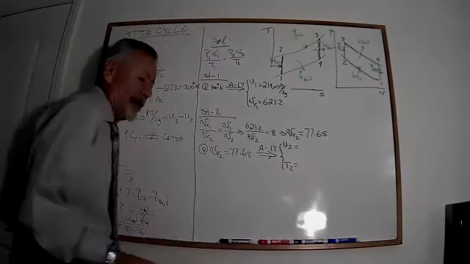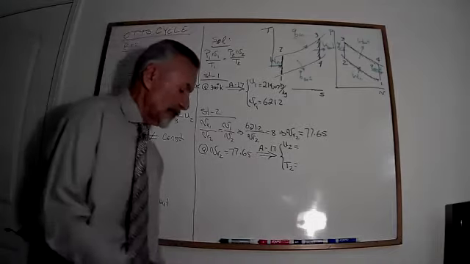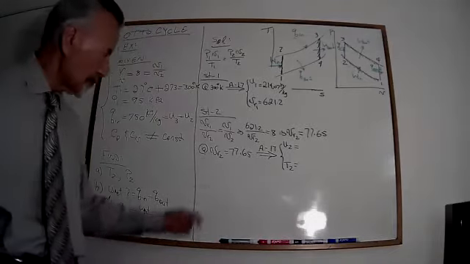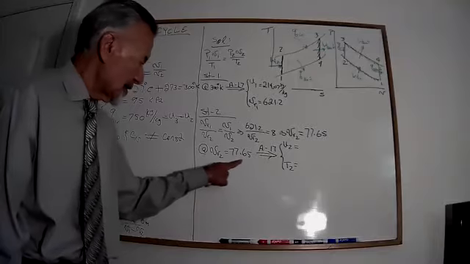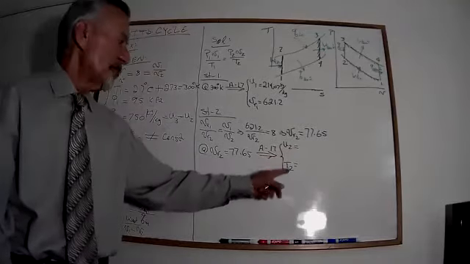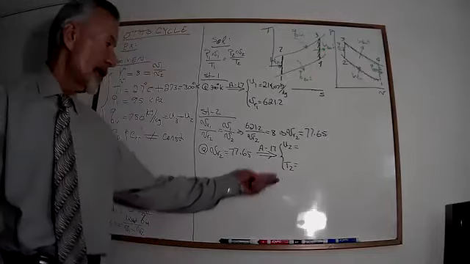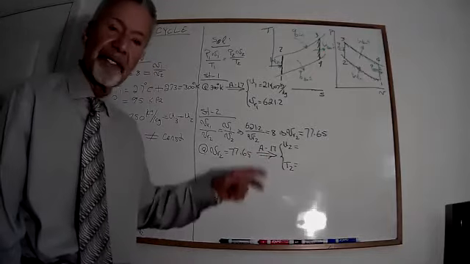Now this is a trick. At this point, when you look at your textbook, you don't find this value so that you can just go across and find U2 and T2. What you need to do is interpolate between the two numbers.